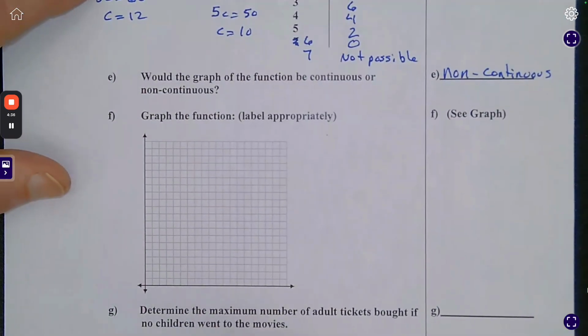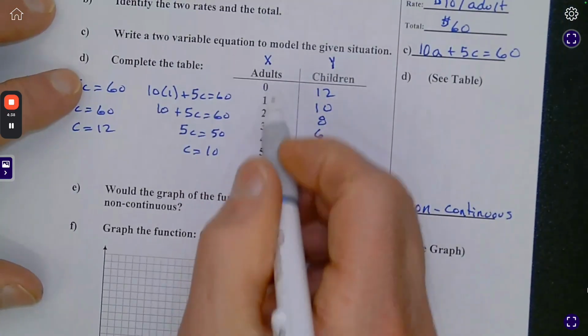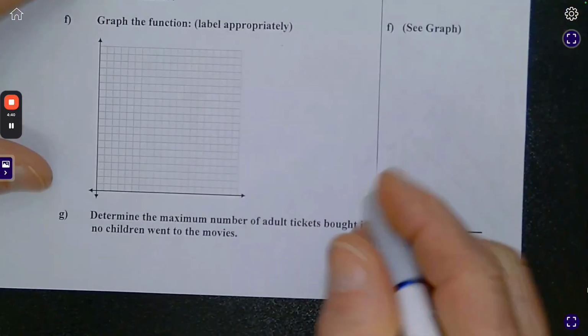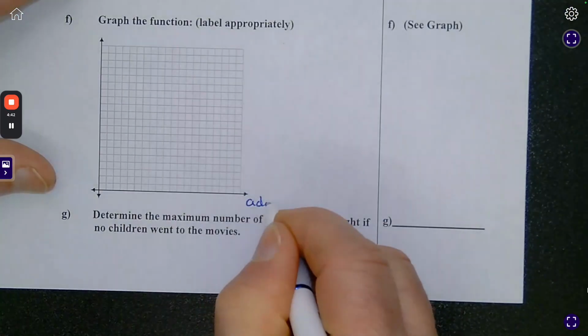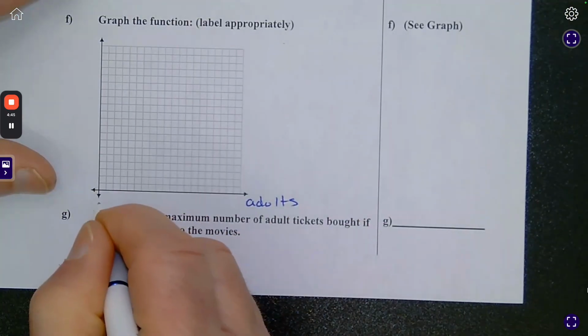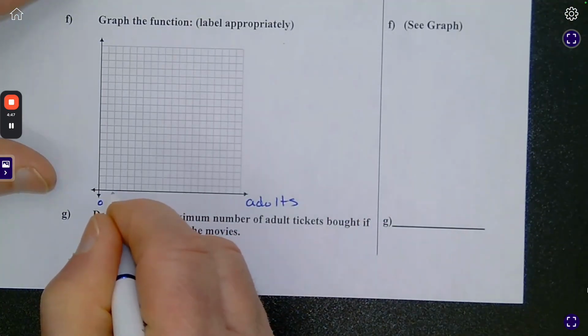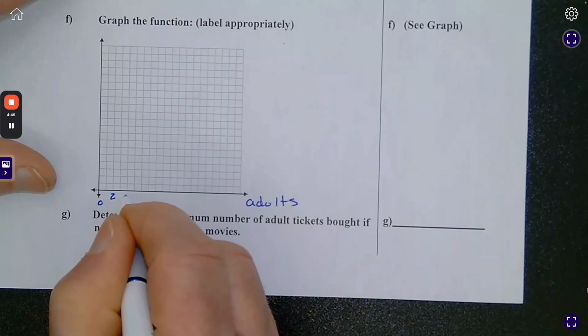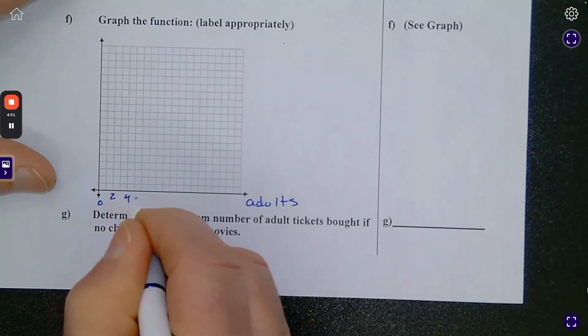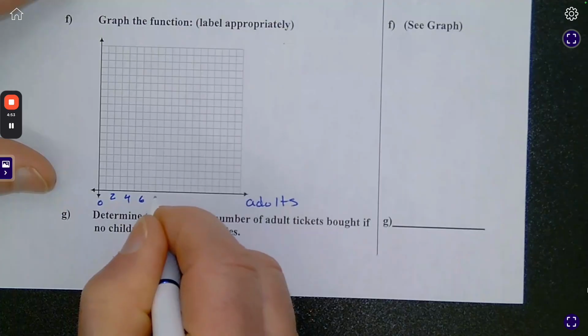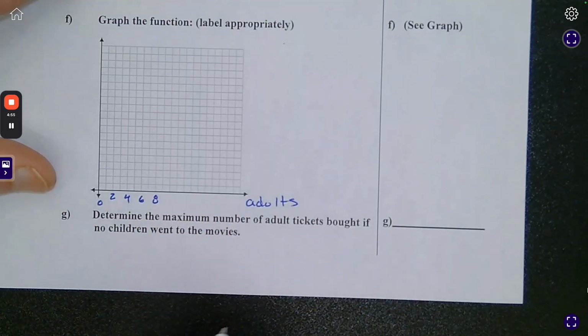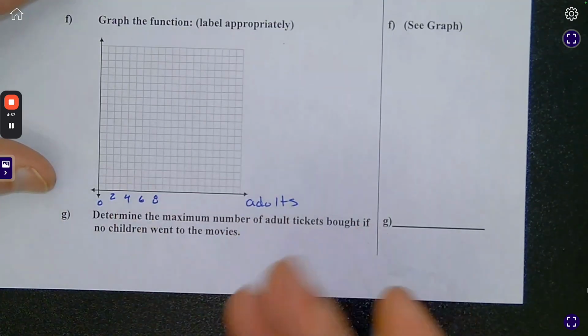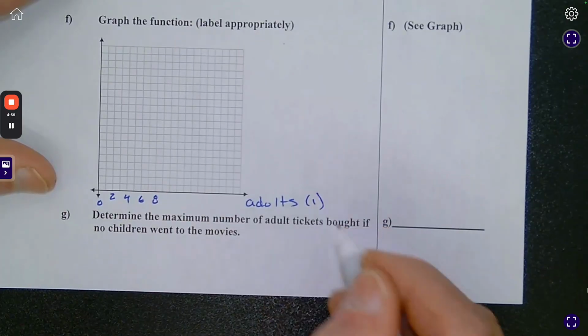Okay, let's keep going. Notice my adults is the first column, so that's going to be my x-axis. Adults, and I'm going to do increments of 1. So 1, 2, 3, 4, 5, 6, 7, 8. I know it doesn't take very much, but we're going by increments of 1, so we got what we got.